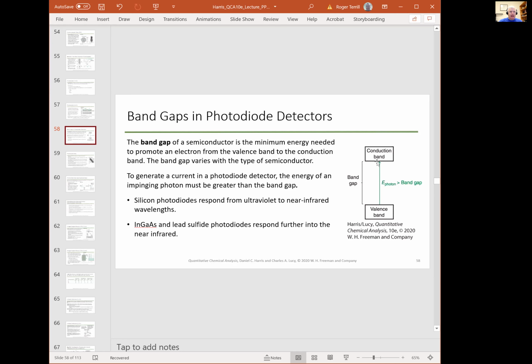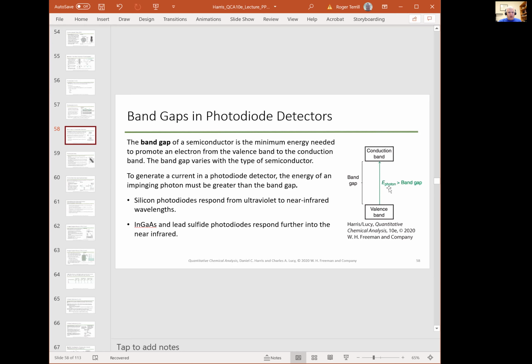Anyways, there are just different band gaps. In order for a semiconductor light detector to work, the photon energy has to be greater than the band gap. The band gap is the energy difference between the HOMO and the LUMO, or the valence and the conduction band.